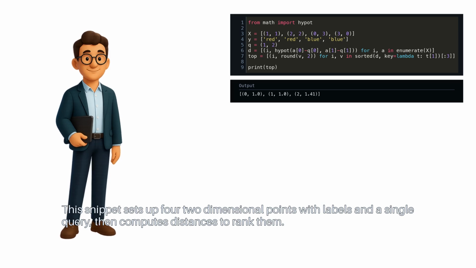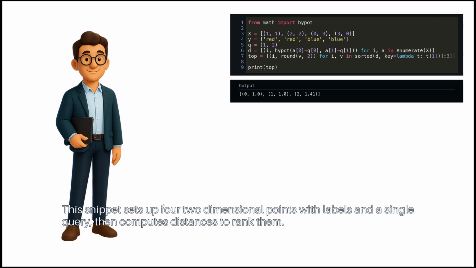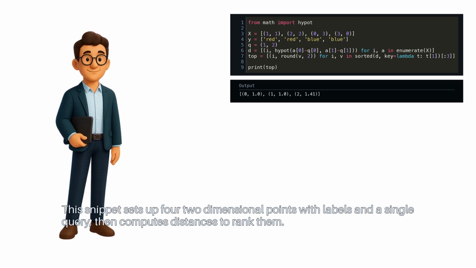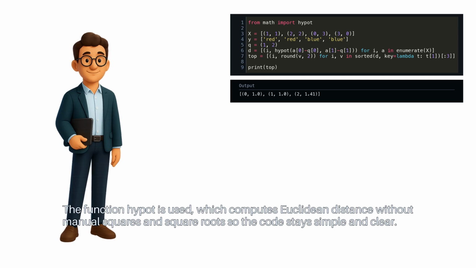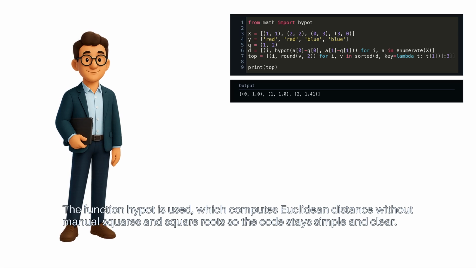This snippet sets up 4 two-dimensional points with labels and a single query, then computes distances to rank them. The function hypot is used, which computes Euclidean distance without manual squares and square roots, so the code stays simple and clear.